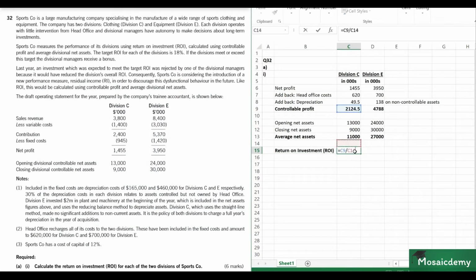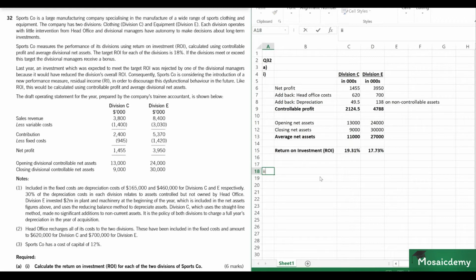And controllable profit over average net assets, we get 19.3% and 17.73%. Let's make these into percentages, and let's make these bold. So that's the first part done, the calculation of the return on investment, and we've structured it so that it's easy to follow and all the key metrics used are highlighted.